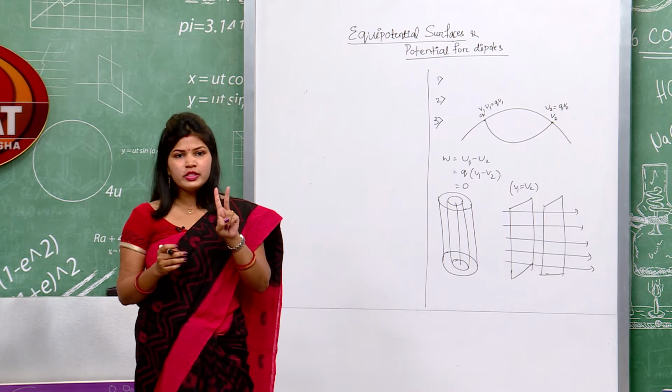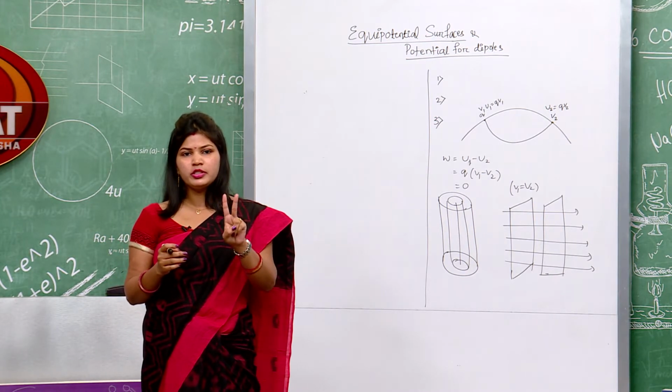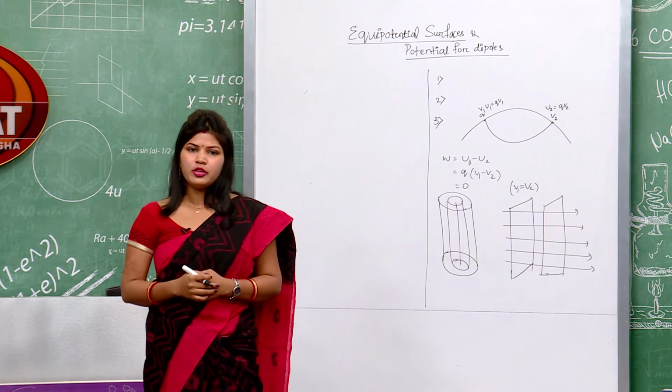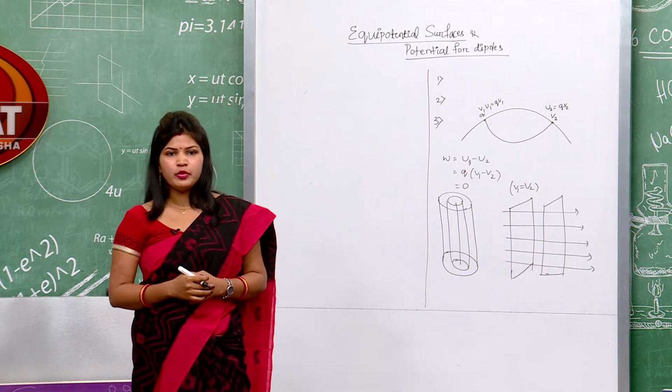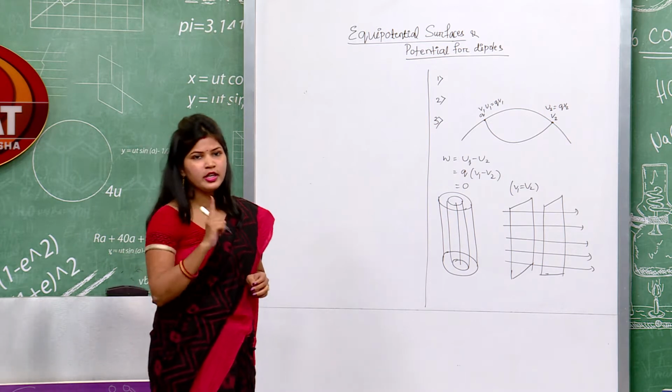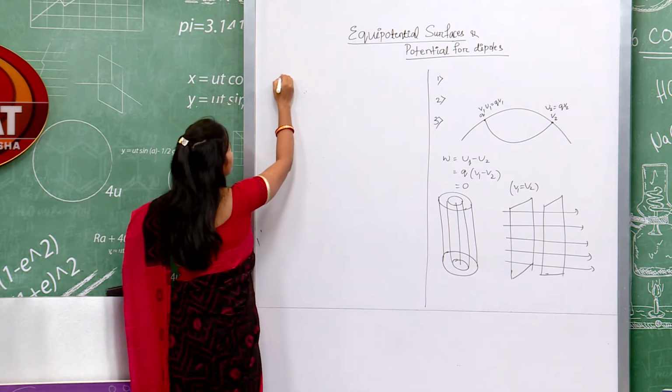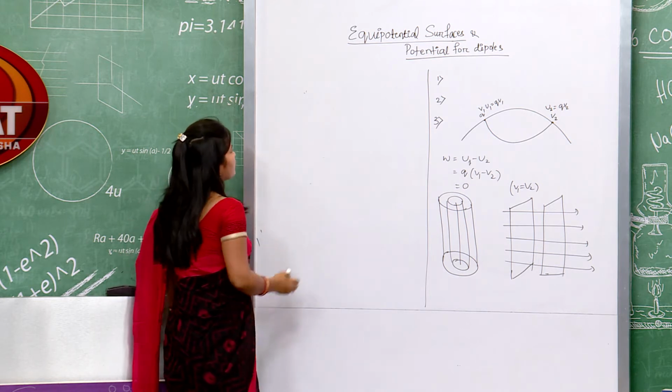So, two equal and opposite charges of the same magnitude are considered as a dipole, and this dipole is a single system. Now, we will study the shapes for a dipole.